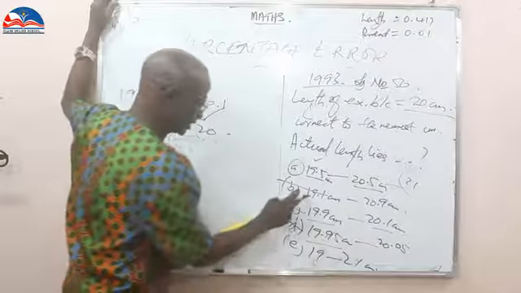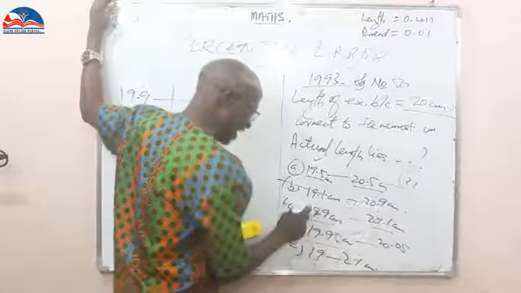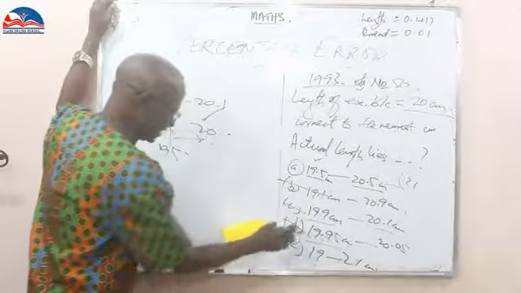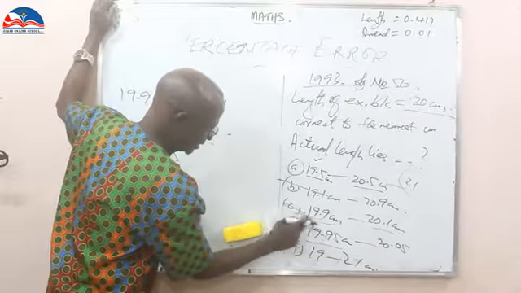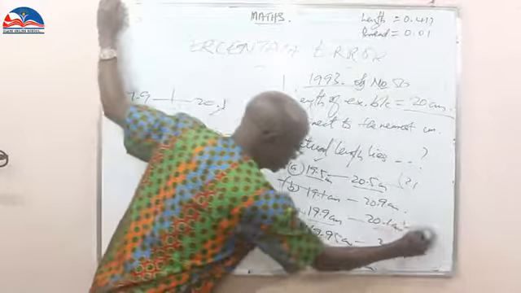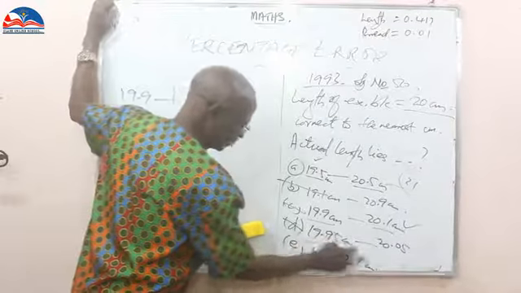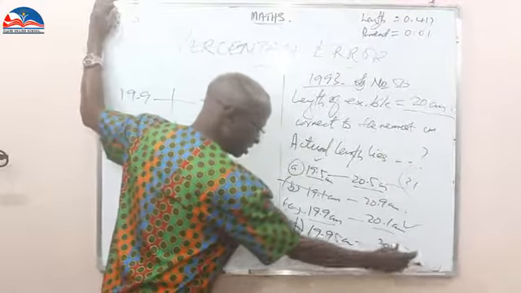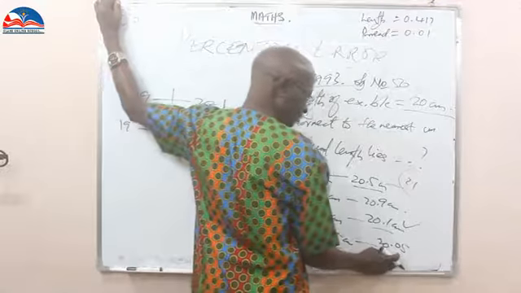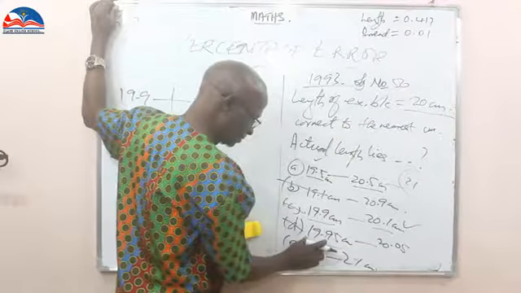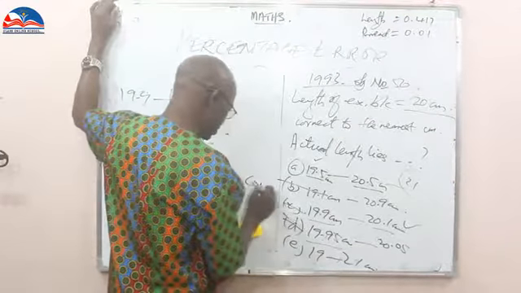So the likely options are 19.9 and 20.1, and also 19.95 and 20.05, because the difference is negligible and returns to 20. So two options, C and D.